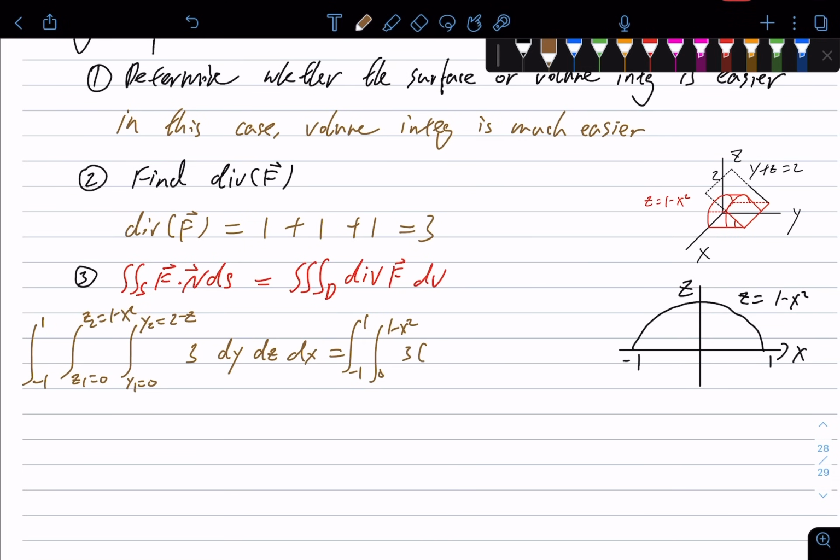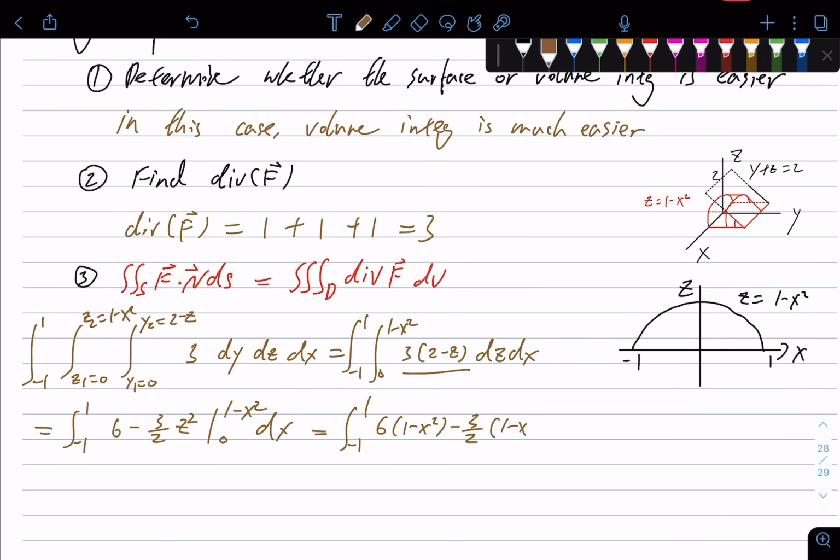3 times 2 minus z dz dx. We're going to end up having negative 1 to 1, and we're just going to go ahead and integrate this really quickly. So 6z minus 3 over 2 z squared, evaluated from 0 to 1 minus x squared, dx, equals negative 1 to 1, 6 times 1 minus x squared, and then minus 3 over 2 times 1 minus x squared squared dx.